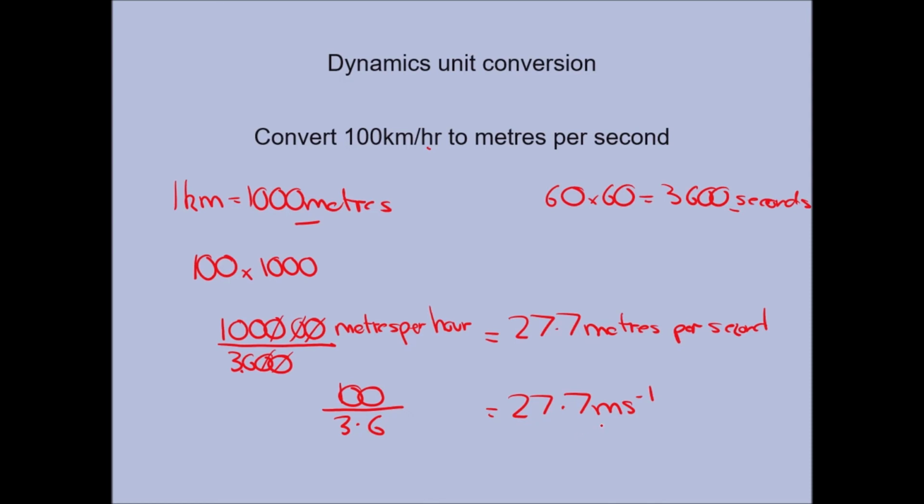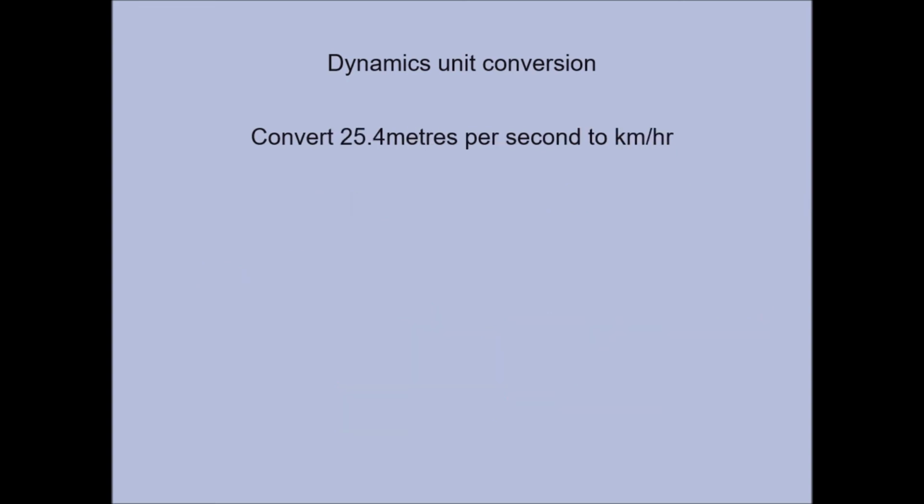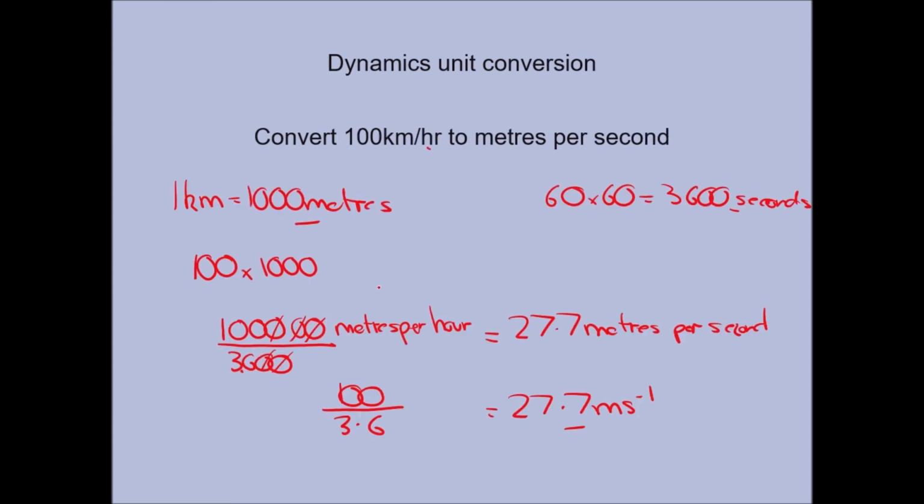All right. So next thing, how do we go from meters per second to kilometers an hour? Give you a second to think about that. Correct. We have to do the opposite of dividing. So converting meters per second to kilometers per hour. Previously we did 100 divided by 3.6. The opposite of dividing is multiplying.